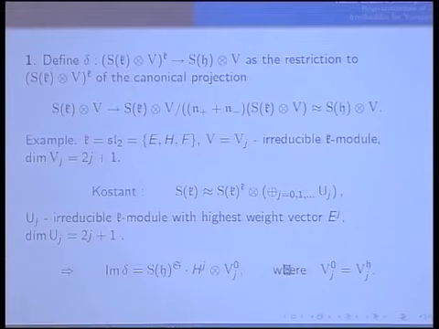Now I would like, before describing the answer, to get some motivation and to show how this answer should look. So first consider the symmetric algebra of the algebra g and some vector space V, which is a representation of the algebra K. We have a natural map, where h is a Cartan subalgebra.